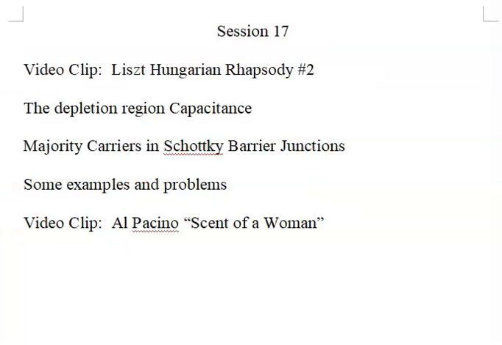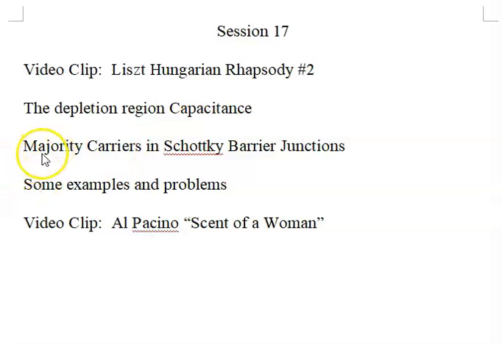Okay, so this is a rough outline of some of the topics we'll be covering today in session 17. We are going to review the depletion region capacitance. Hopefully I'll say something a little bit different, which will be not a complete repeat of what we said the last time.